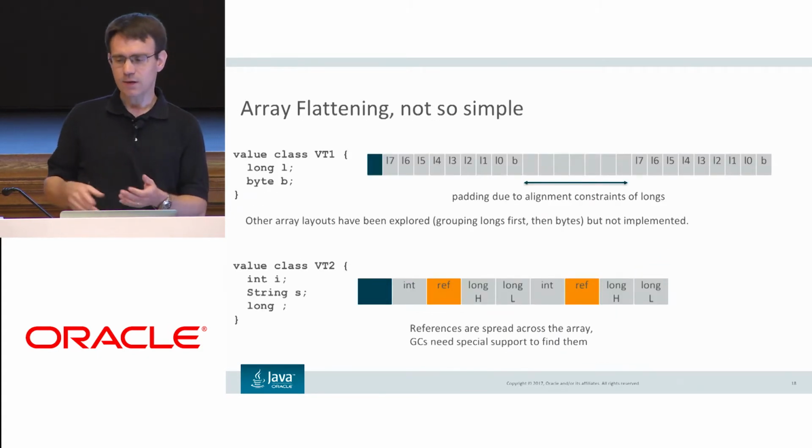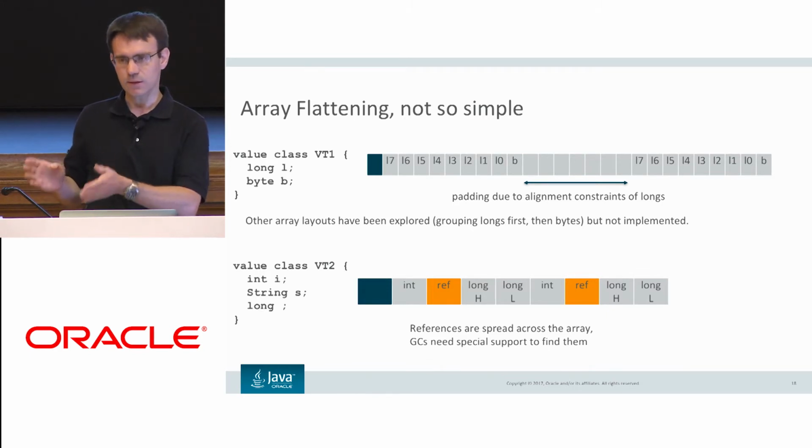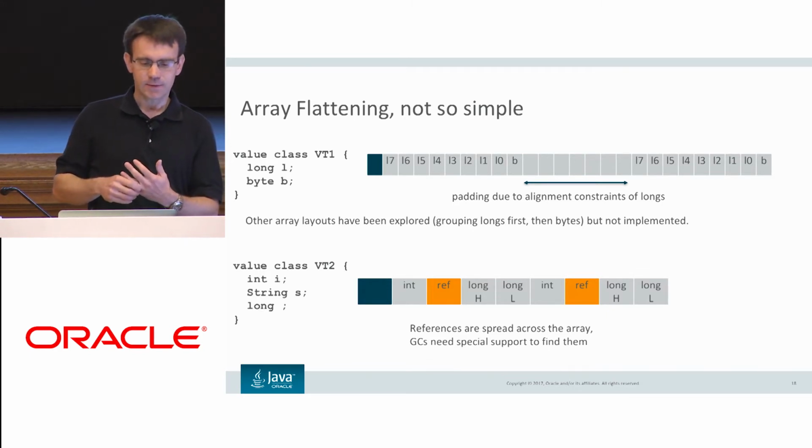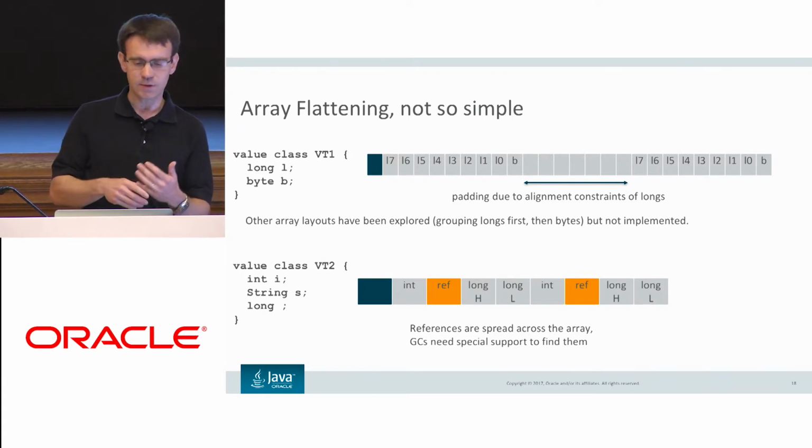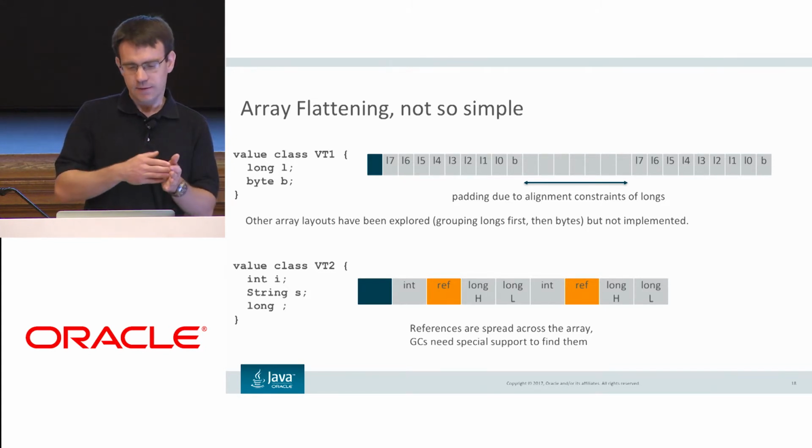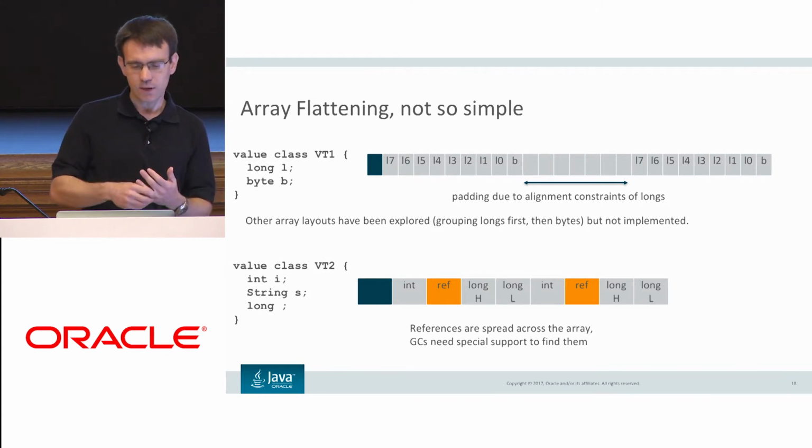It works very well with the class Point, which has two fields that are int, but flattening is not that easy if we are looking at other value types. Here we have value type VT1 with a long and a byte. In the JVM, we have to deal with alignment constraints for each type to preserve performances. So the layout of the array, this is one that we have today.